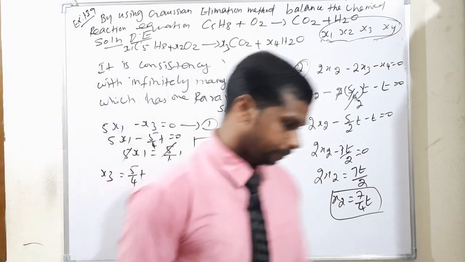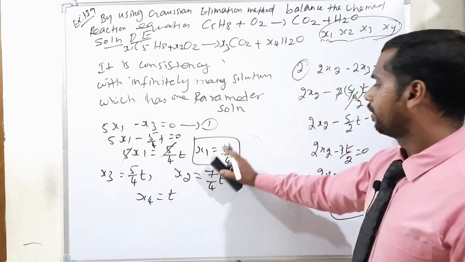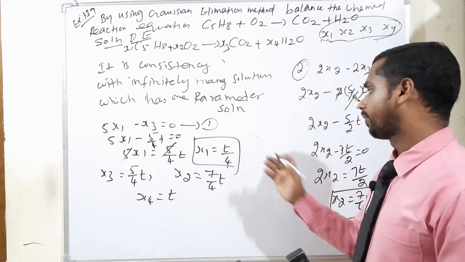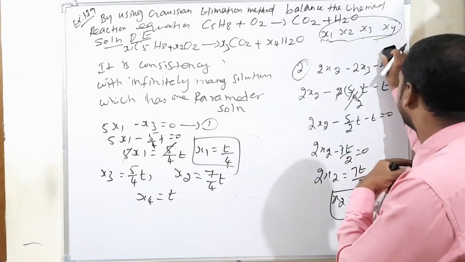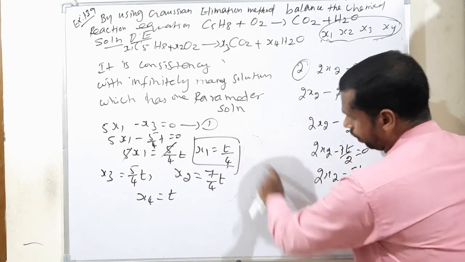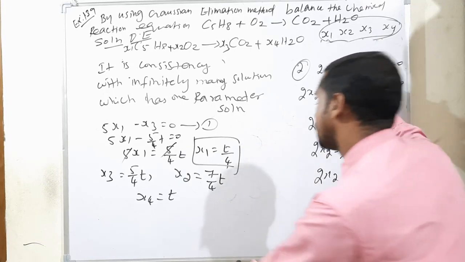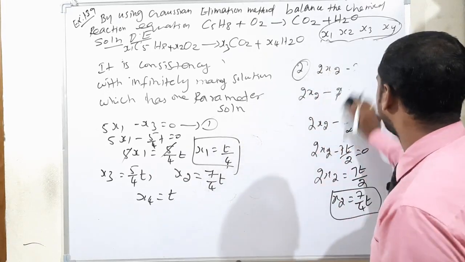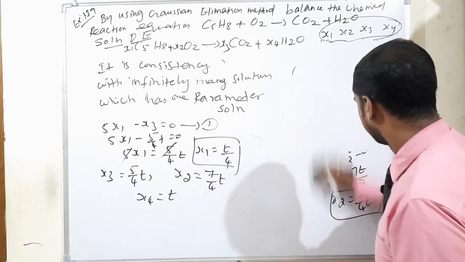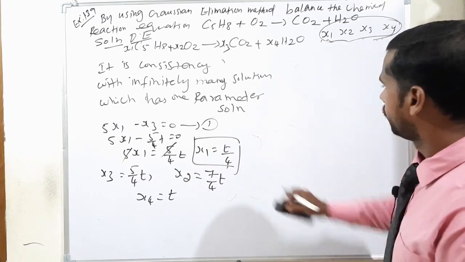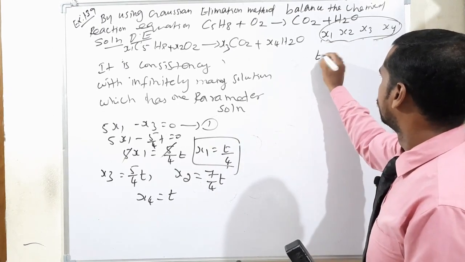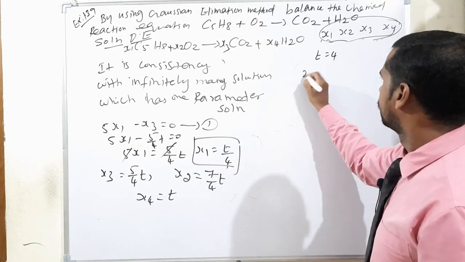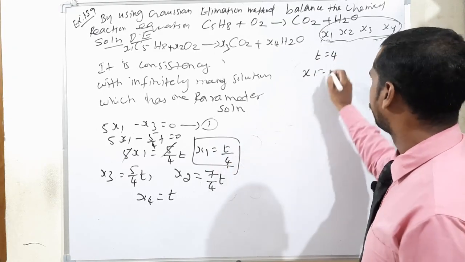So now each and every term is a fraction. If we want to make them whole numbers, at least, let us consider t is equal to 4. Look there. So t is equal to 4 means x1 is equal to 4 by 4, the value will be 1.